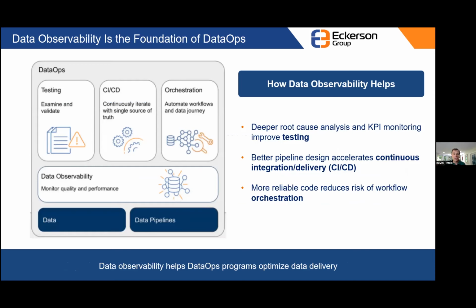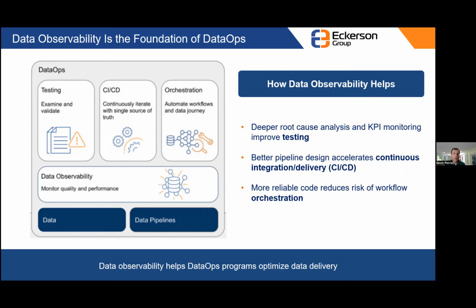It includes CI/CD, so the continuous iteration of pipelines through branching and merging of pipeline code, similar as you would with other types of DevOps approaches for other types of software. It also includes orchestration, so automating the sequences of tasks, but also the workflows that are themselves sequences of tasks.